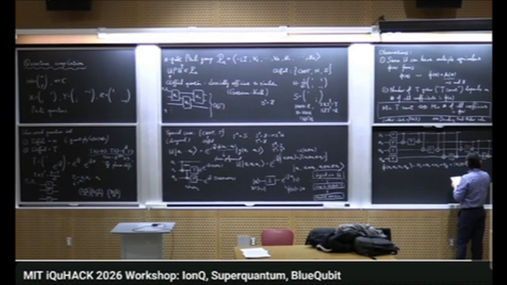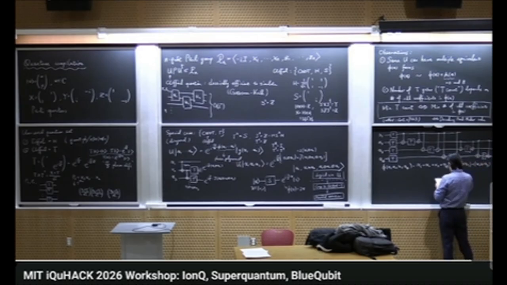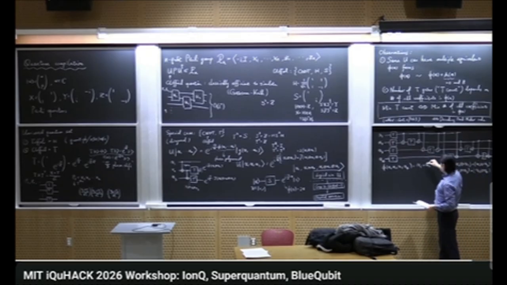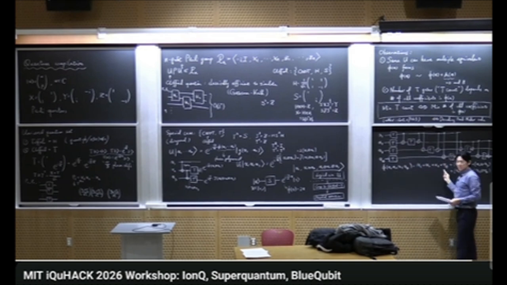So you can write this as these terms. And so you can see the one-to-one correspondence, right? Each of the T gates here gives you each one of the terms here.